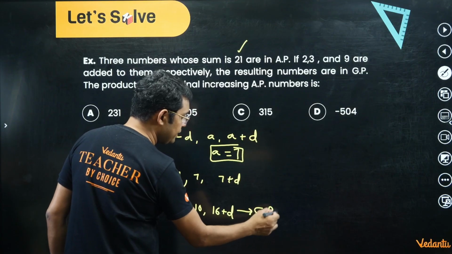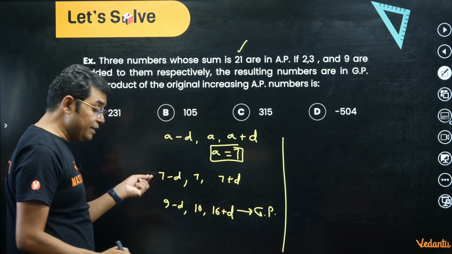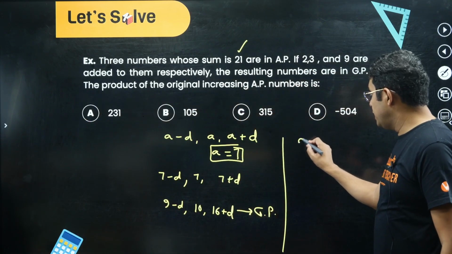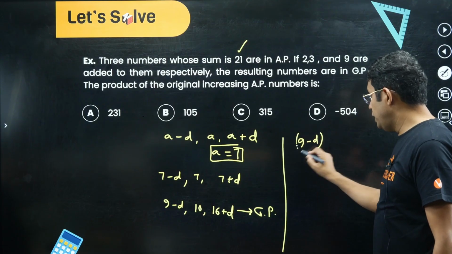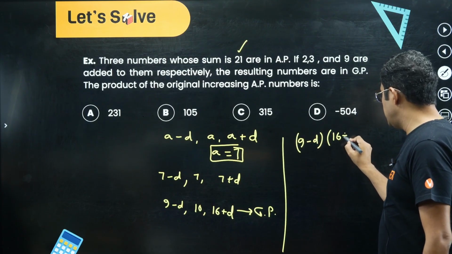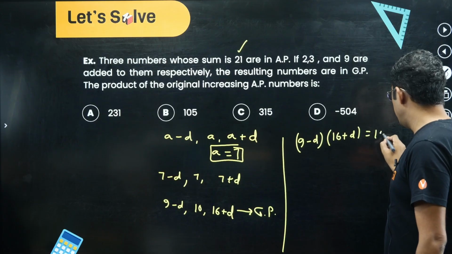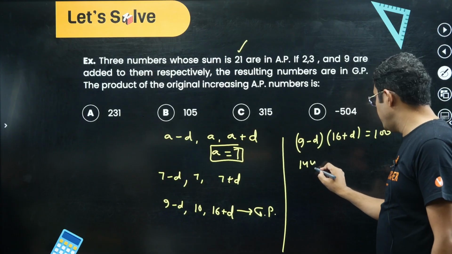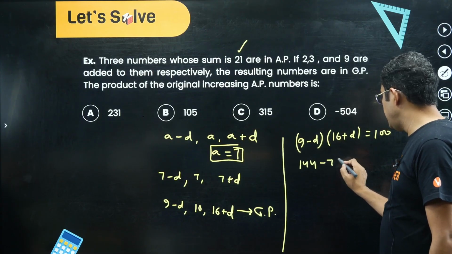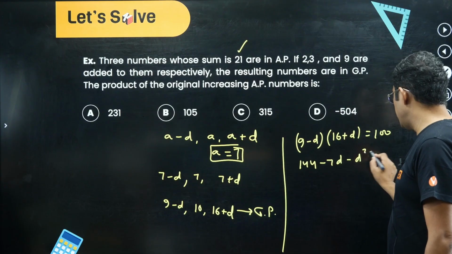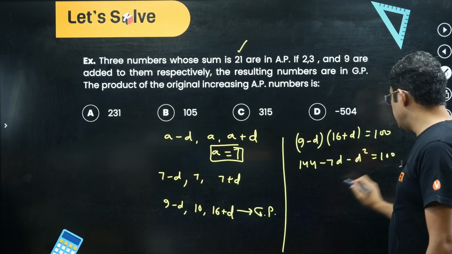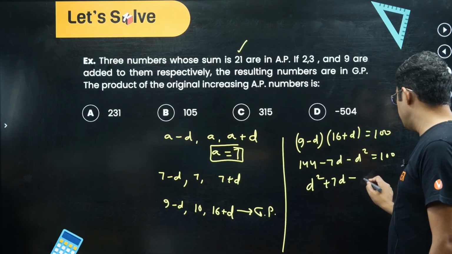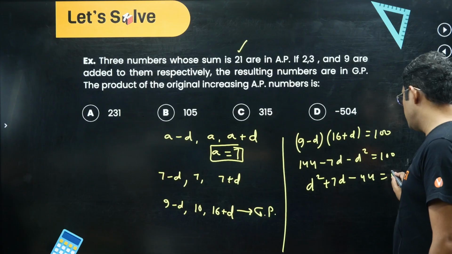Now to find this d, using the fact this is GP, we must be doing (9 minus d) into (16 plus d) is equal to 100. That's a simple quadratic in d. So 144 minus 7d minus d square is equal to 100. On the other side, if I take this d square and 7d terms, we will be getting d square plus 7d minus 44 is equal to 0.